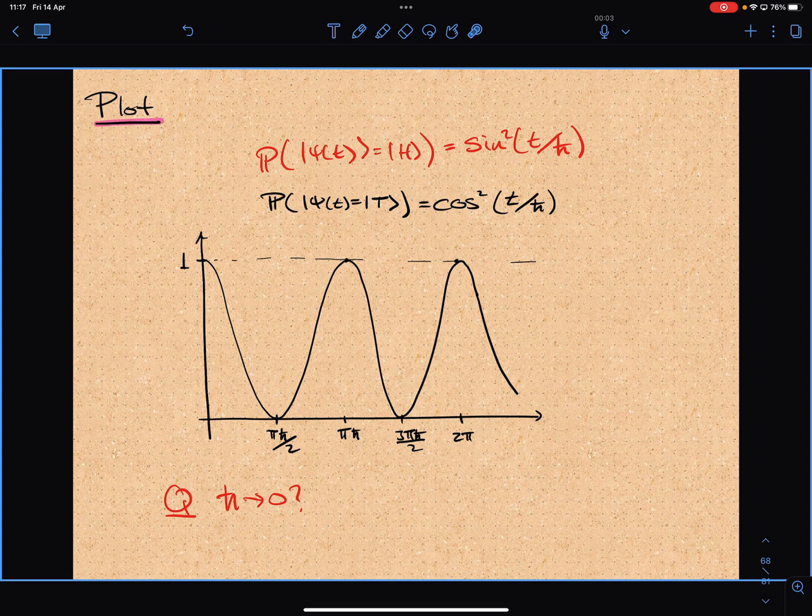It's delicate the way that it goes to the average, because pointwise, it's not going to go to the average. If you look at the limit as h bar goes to 0 at a specific point, it's going to keep oscillating between 0 and 1. In that case, the limit is not going to exist pointwise. So we need to think of a different type of limit where it actually goes to the average.